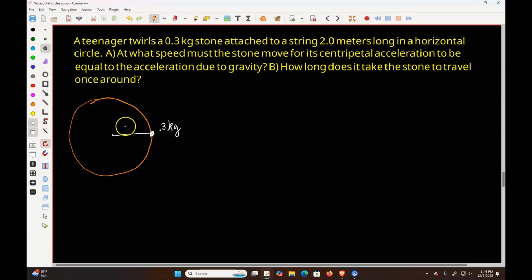And that circle is 2 meters long. So that's the radius. Okay, so I need to find the velocity. Okay, so I'm going to say that the centripetal acceleration is going to equal the velocity squared divided by the radius.